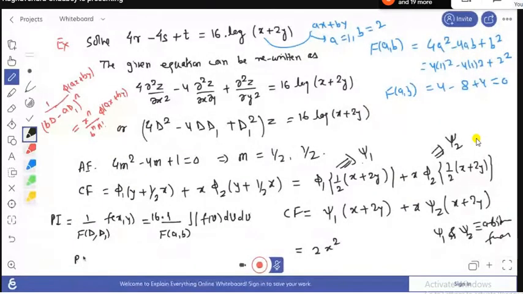Okay so particular integral in that sense equals 1 upon (2D minus D1) square of 16 log(x plus 2y), this equals 16 into x square upon, by using this formula.